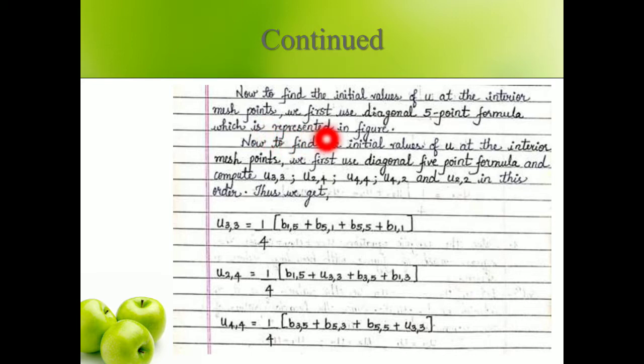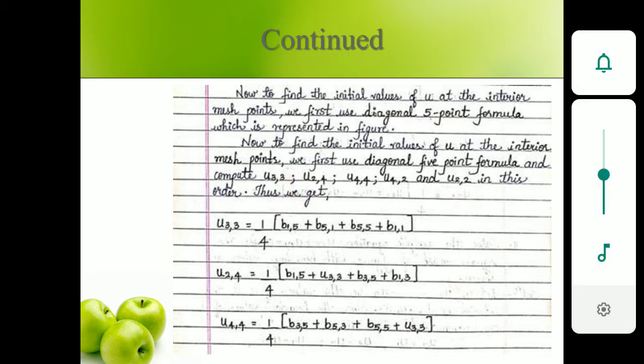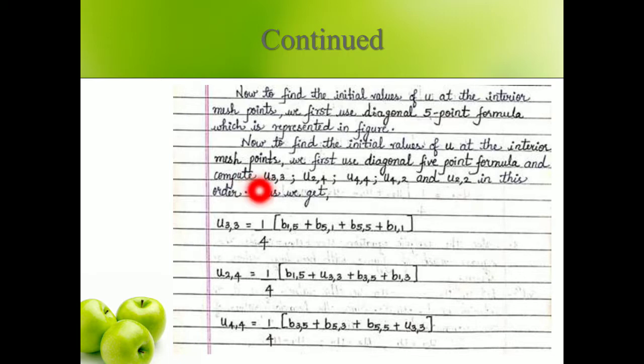Now to find the initial value of u at the interior mesh points, we first use the diagonal 5 points formula, which is represented in the figure, and compute u33, u24, u44, u42.